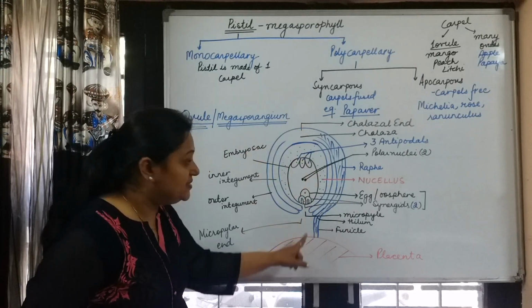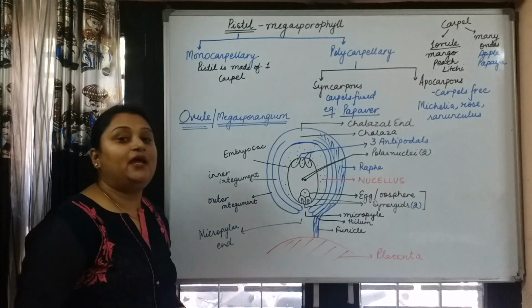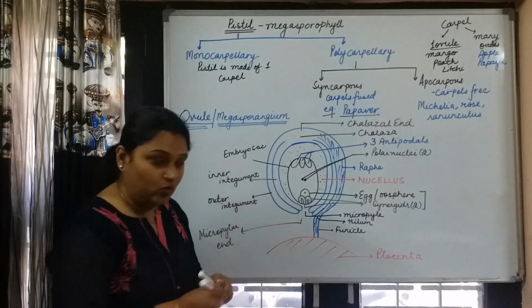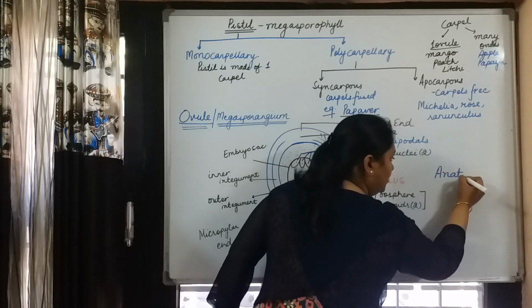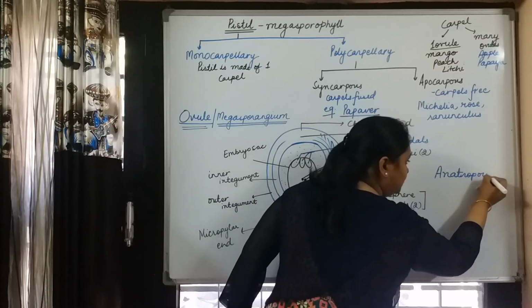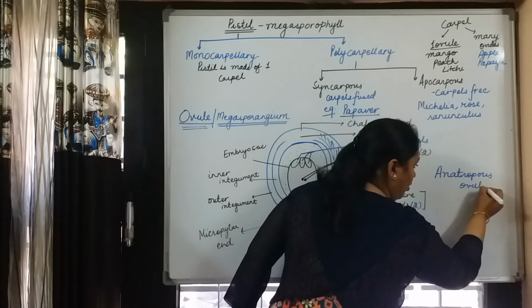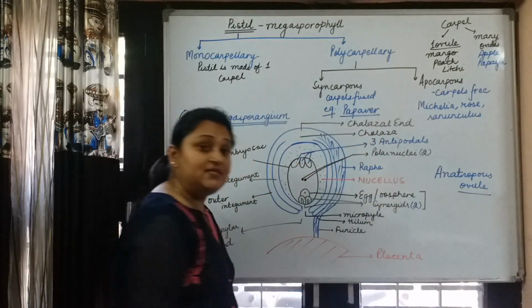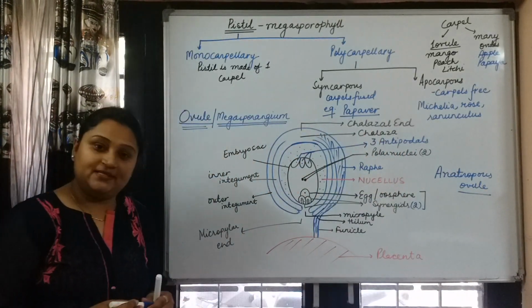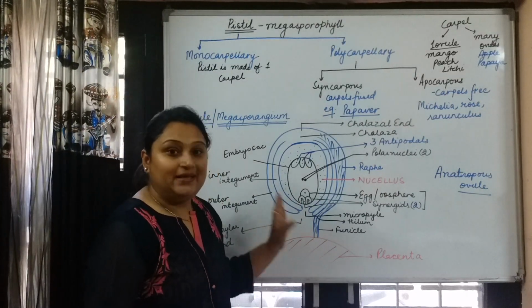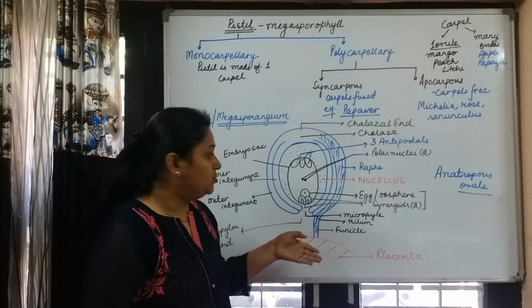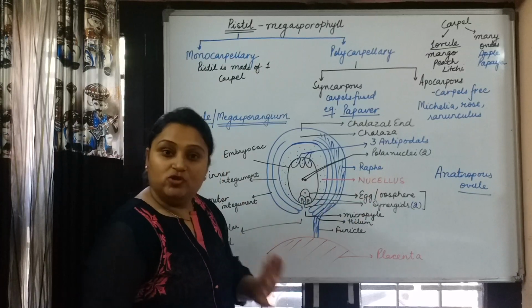When they lie in the same place, that type of ovule is called an anatropous ovule. We will discuss the types of ovule in the next section, but the most commonly found, which is given in your NCERT, is the anatropous ovule.